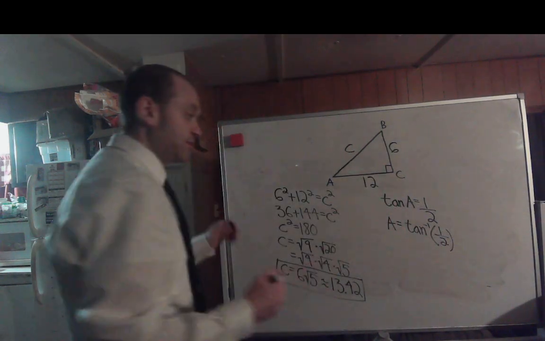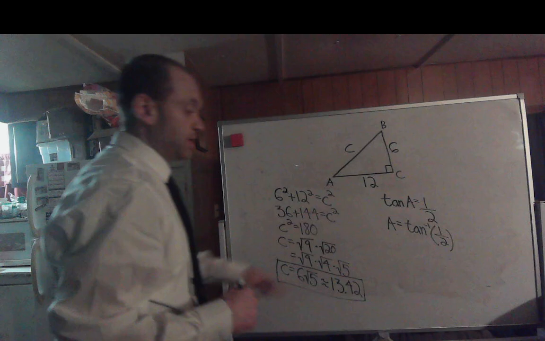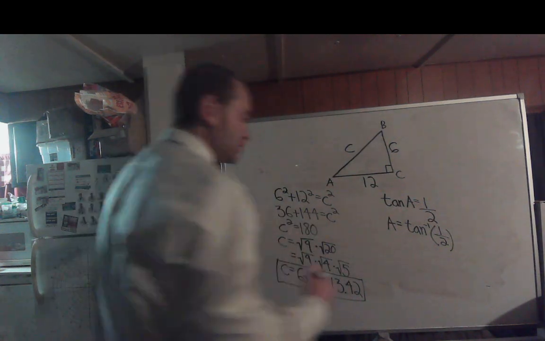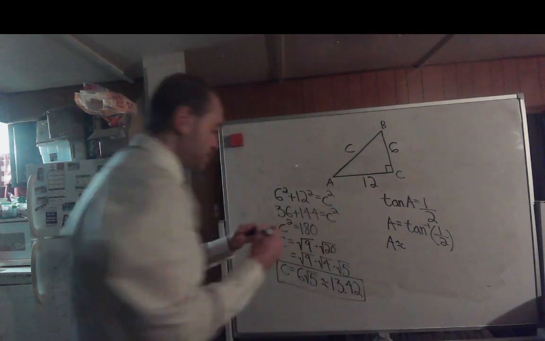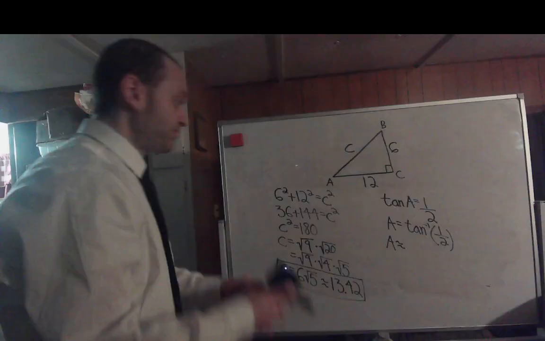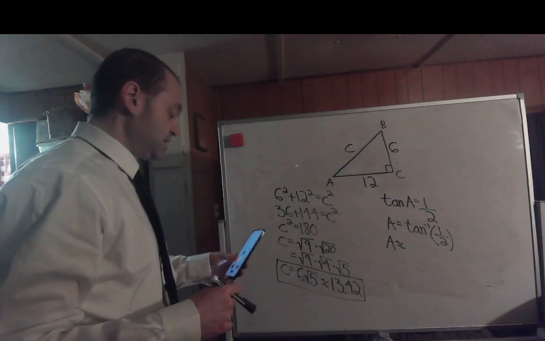Which means that A is going to be equal to the tangent inverse of 1/2. The way to solve for the angle is to take the inverse function. So A equals the tangent inverse of 1/2, and then we should be able to get a decimal approximation for that to 2 decimal places.